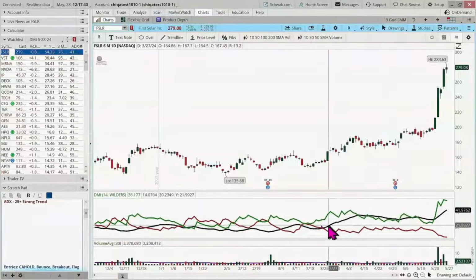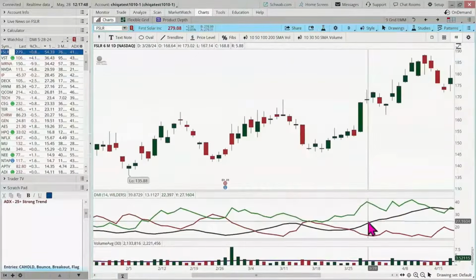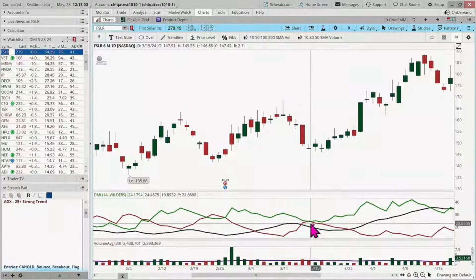So let's come back here to see when the red and green crossed over the most recent time. And I'm just going to zoom in here. And it looks like, kind of interestingly enough, the DI positive came down for like a day is all. And for a day went lower than the DI negative. And then it crossed back up again. And so at that cross, we might say, okay, the DI positive is the stronger trend.